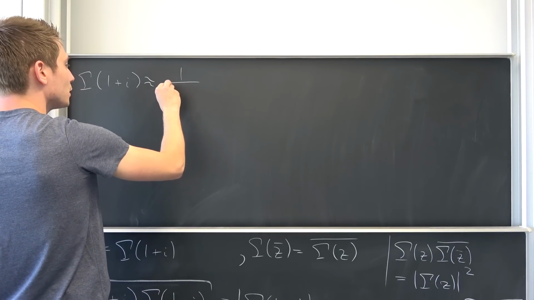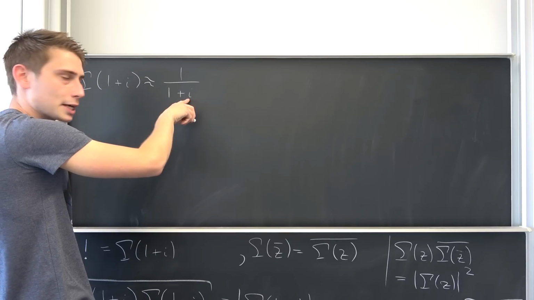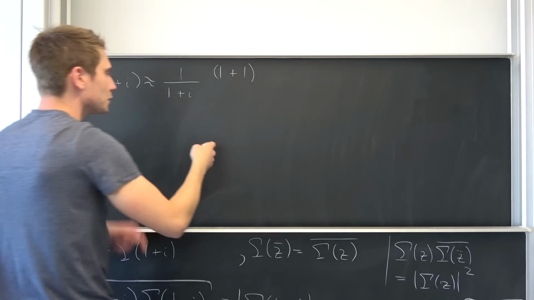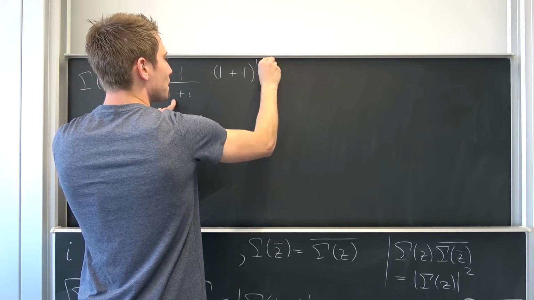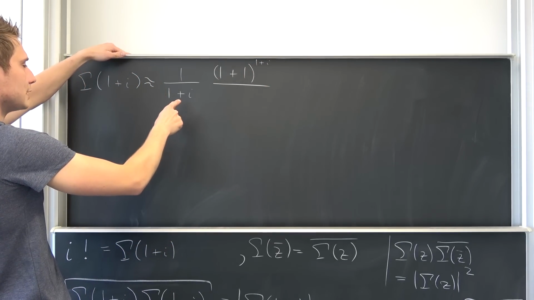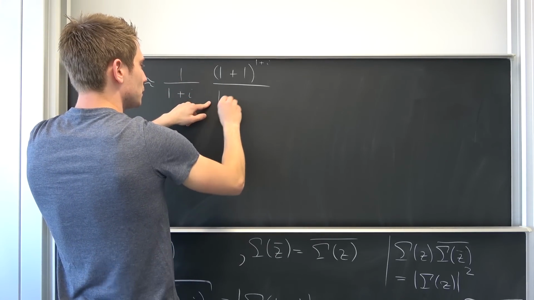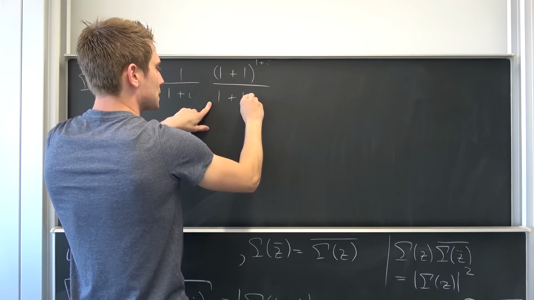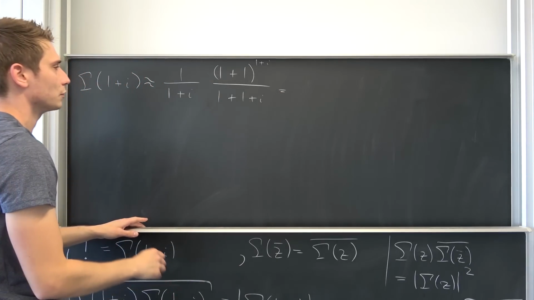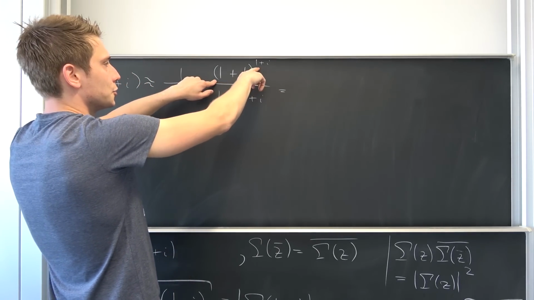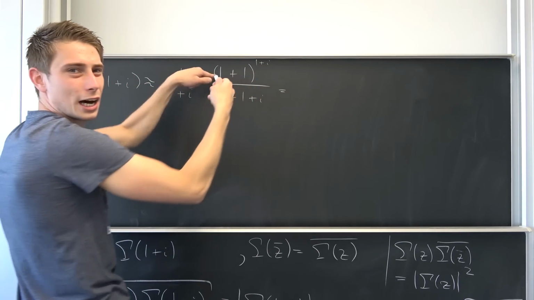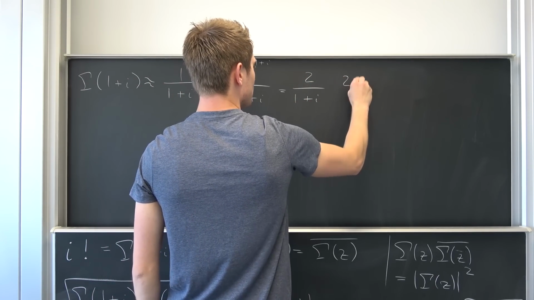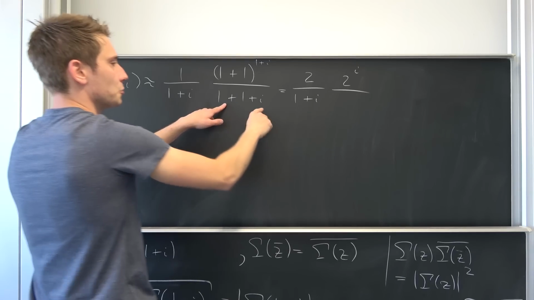So 1 over 1 plus i, this is what we had right here, times the first member, which is 1 plus 1 to this thing right here, 1 plus i, over, and then we are going to get 1 plus z over k, z over 1 in this case, 1 plus i, leaving us with 2 to the first power times 2 to the i power, leaving us with 2 over 1 plus i, 2 to the i power over 2 plus i.